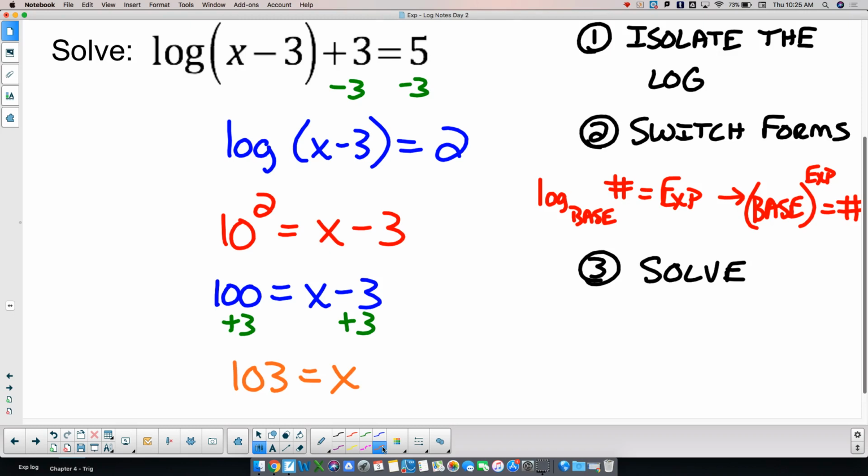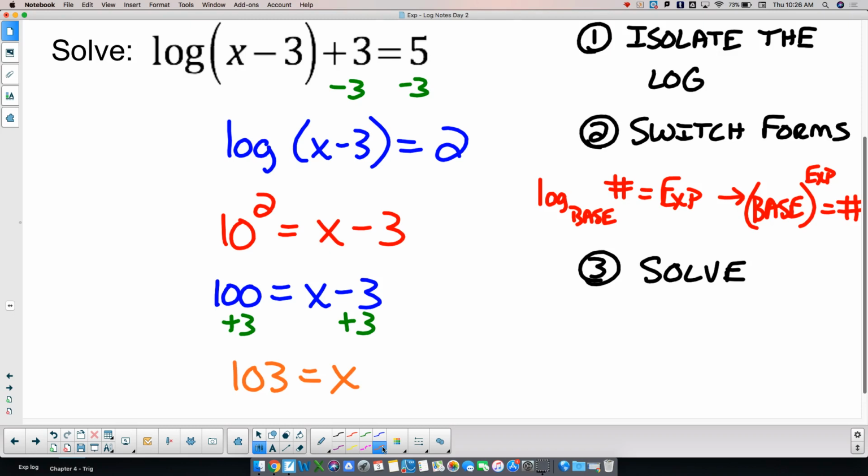The base has to be positive and not equal to 1 is the first condition. What is the base of my log in this problem? In my original equation, what's the base of my log? 10, right? 10 is positive, 10 is not equal to 1. So we have satisfied condition number 1.